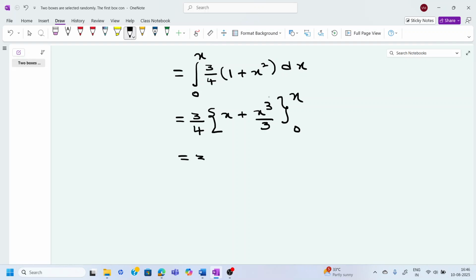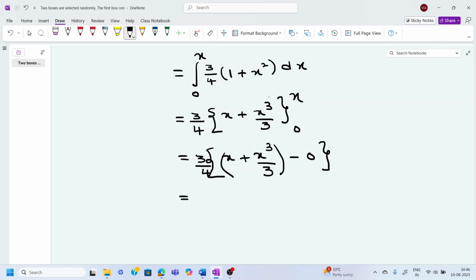So it is 3 by 4 times, if we substitute the upper limit, x plus x cube by 3, and the lower limit, anyway, is 0.